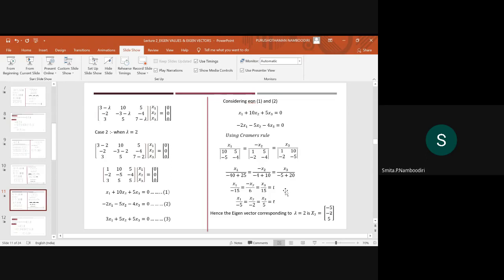Minus 40 plus 25 is minus 15, minus 4 plus 10 is 6, minus 5 plus 20 is 15. We can cancel 3 throughout, so we can write minus 5, minus 2, and 5.